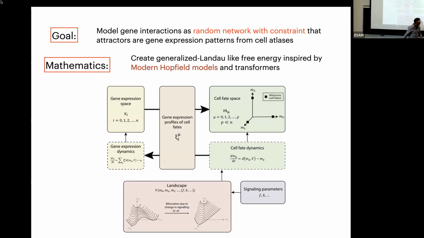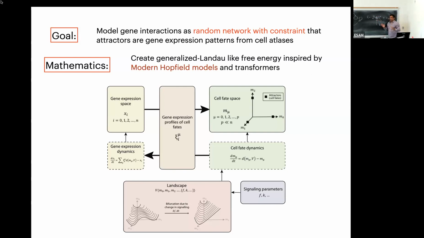The basic idea is that I take my gene expression and break it into a basis of the cell fates that I care about, plus stuff that's perpendicular to that. All the dynamics of cell fate decisions happens in this space of cell fates.